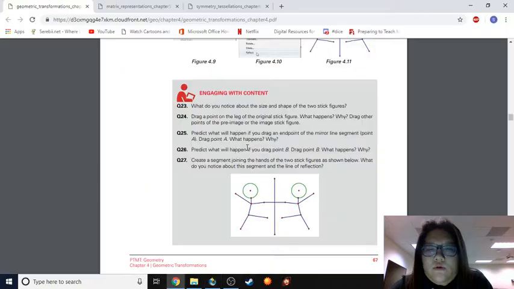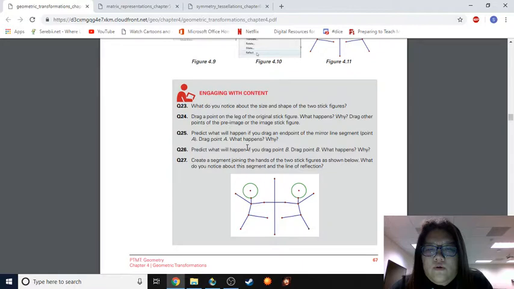And predict what will happen if you drag point B right here, as we talked about. Point B would also move, but also changing the properties of the lines and also the measurements, because there are new elements happening.